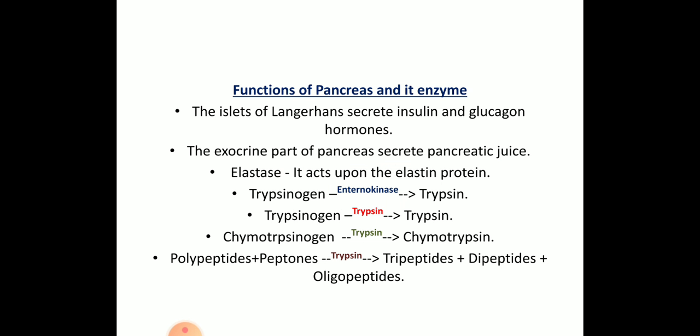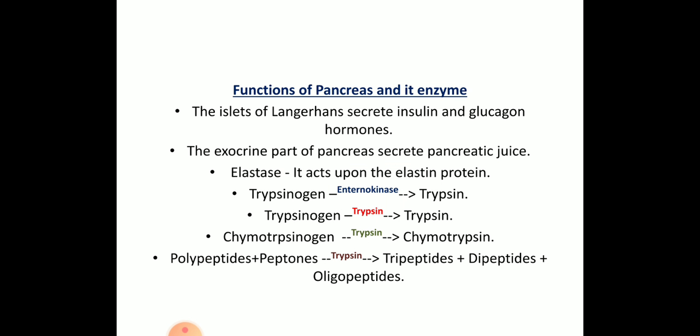So what is the function of the pancreas and its enzymes? The islets of Langerhans secrete insulin and glucagon, which is their main function. The exocrine part of the pancreas secretes pancreatic juice. First, elastase acts on the protein elastin.